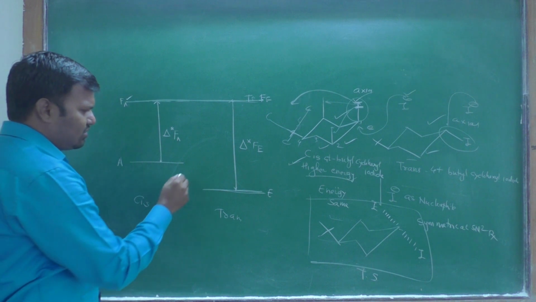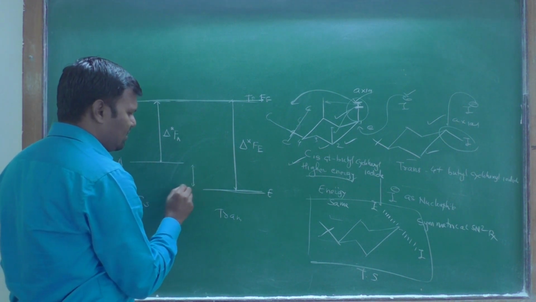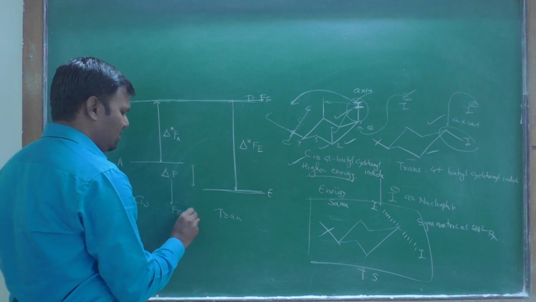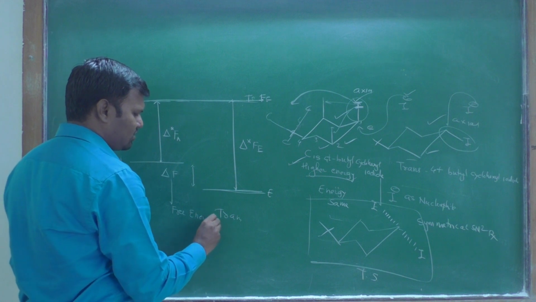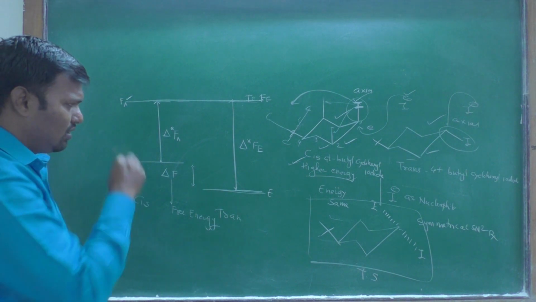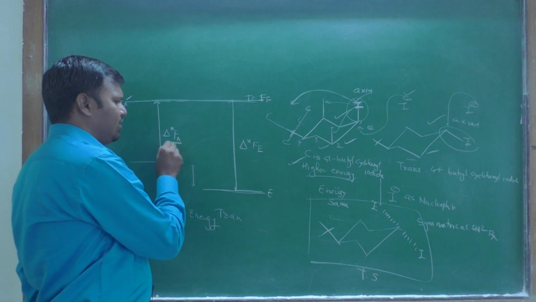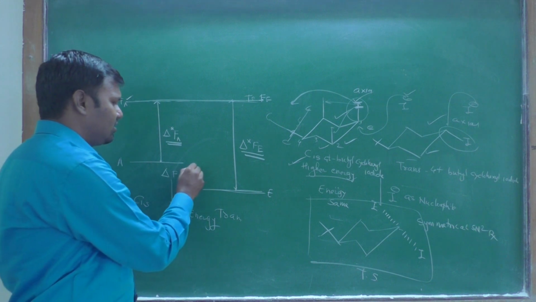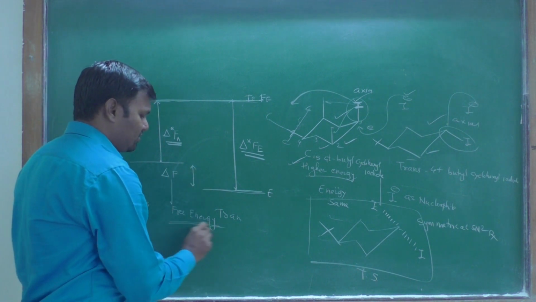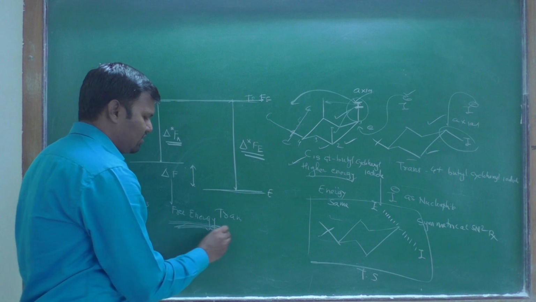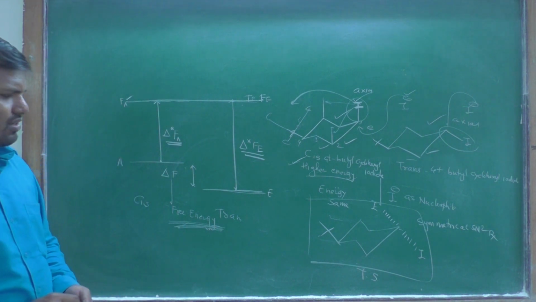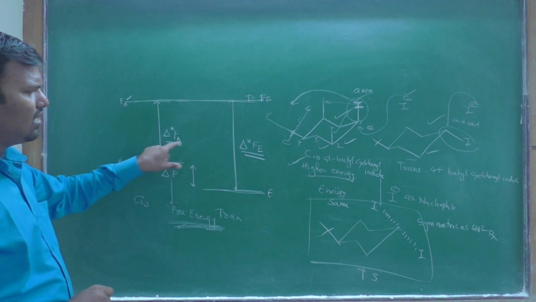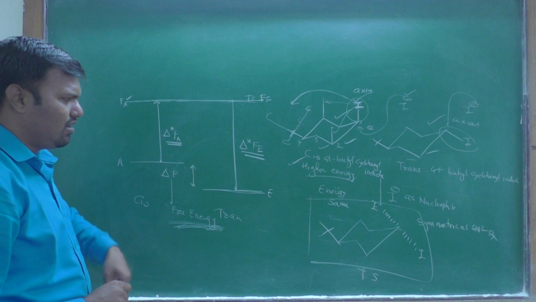And the difference between the ground states is delta F, that is the free energy. We discussed this previously. Therefore the difference in the activation energy in this case is nothing but the difference in the ground state, that is the free energy. The free energy difference of the compounds, that is the activation energy, is nothing but the delta F value.